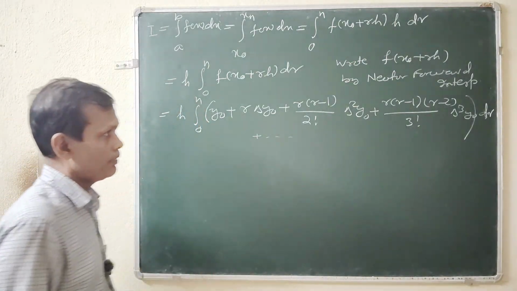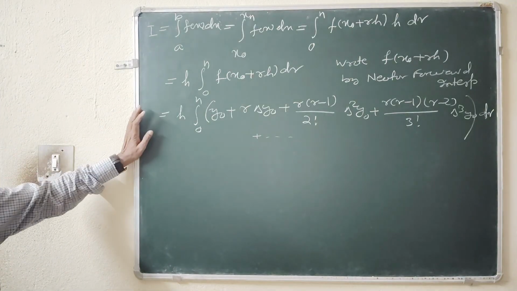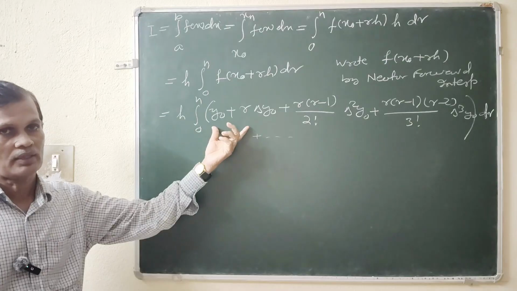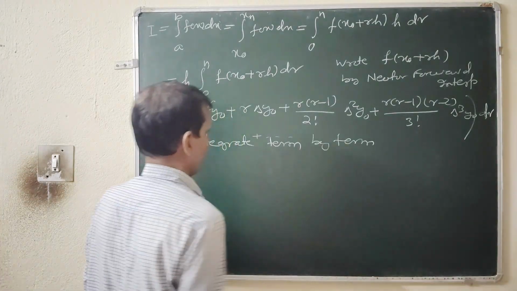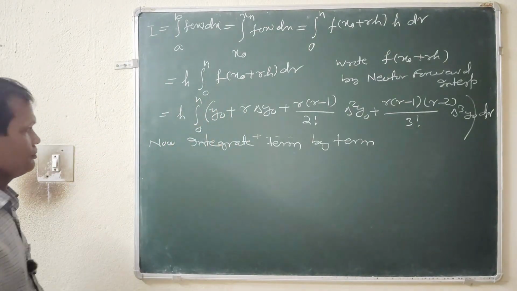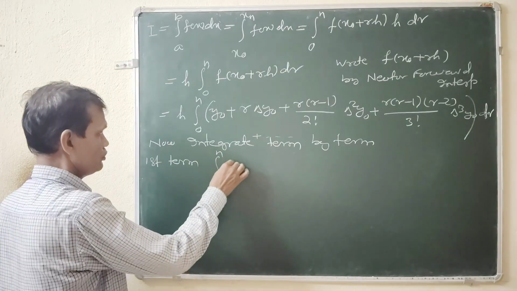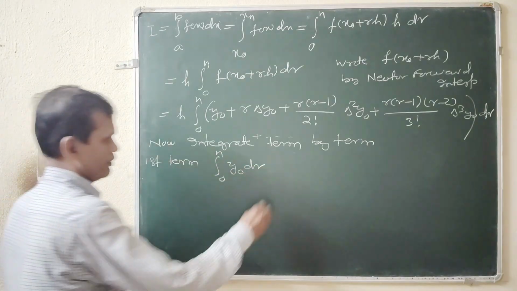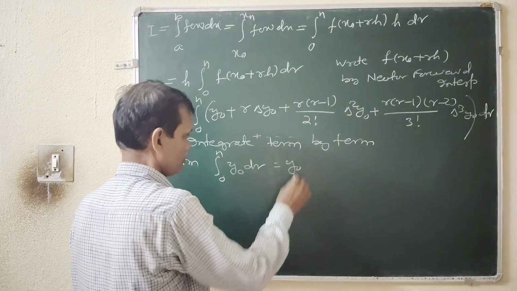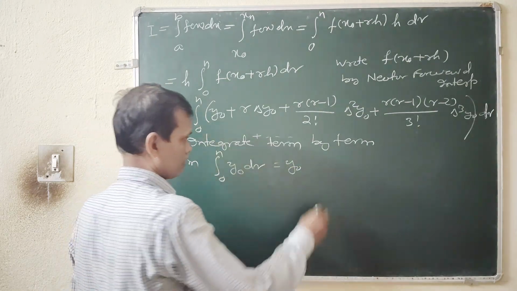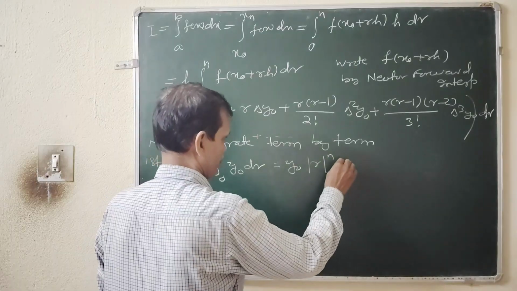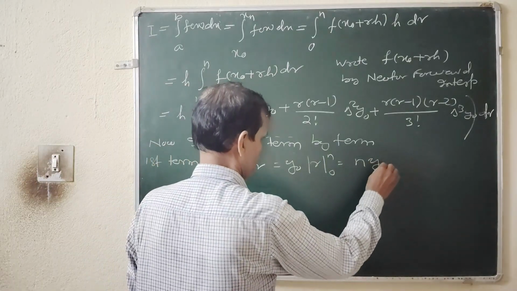If we simplify more, to find the integral value, we will integrate this Newton-Cotes Quadrature Formula term by term. So let us integrate the first term. Integration 0 to n y0 dr equals y0 times r, limit 0 to n, that is n y0.